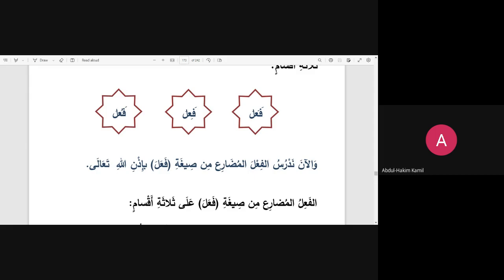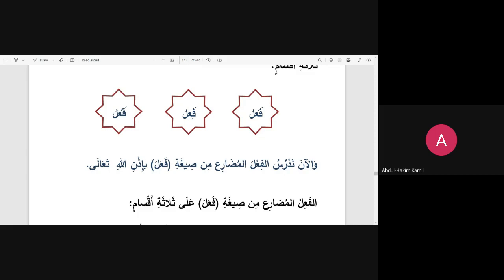The fa'ala scale, when the madi changes to the fi'l mudari, could be one of 3 different categories. It could be fa'ala yaf'alu, like dhahaba yadhhabu and qara'a yaqra'u. I want you to memorize 2 or 3. Or it could be fa'ala yaf'ilu, like what?